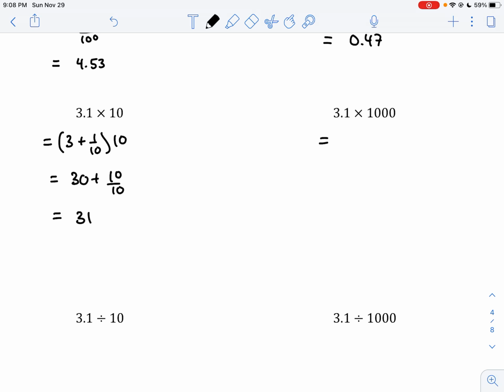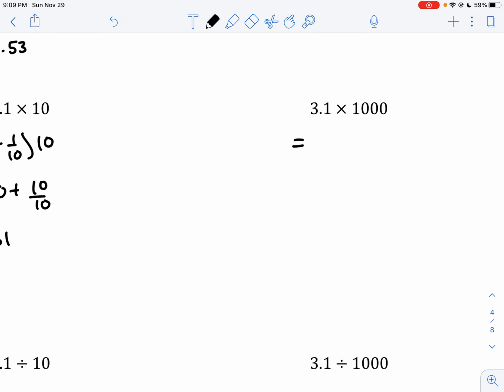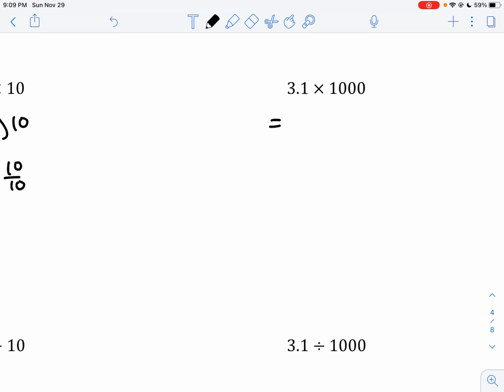If I do 3.1 times 1,000, it doesn't matter if you think of the 1,000 as the multiplier or the multiplicand, you'll get the same result. So you could put the 1,000 in the front if you insist that you think of 1,000 as the multiplier and put the multiplier in front. Let's just do it that way to show you it doesn't matter. You can think of the 3.1 as, again, 3 1/10, and say, okay, I want 1,000 threes.